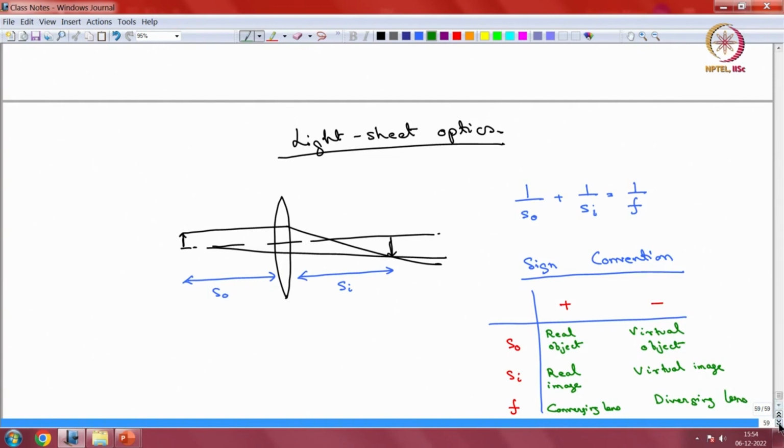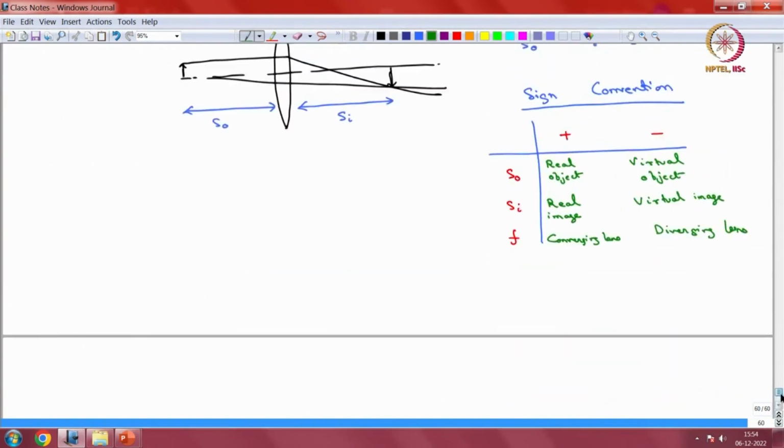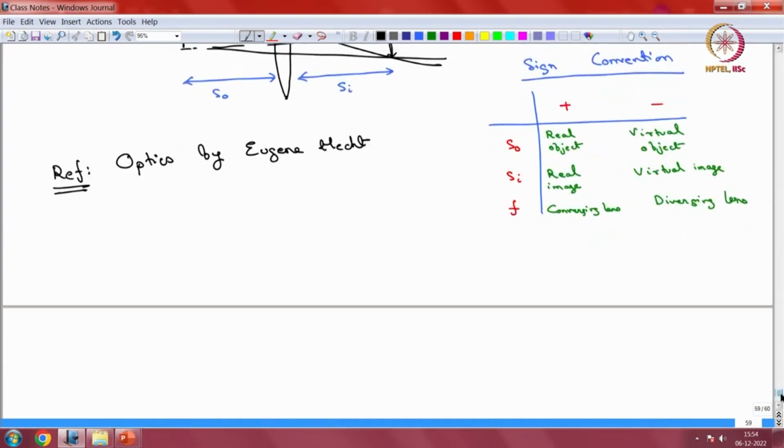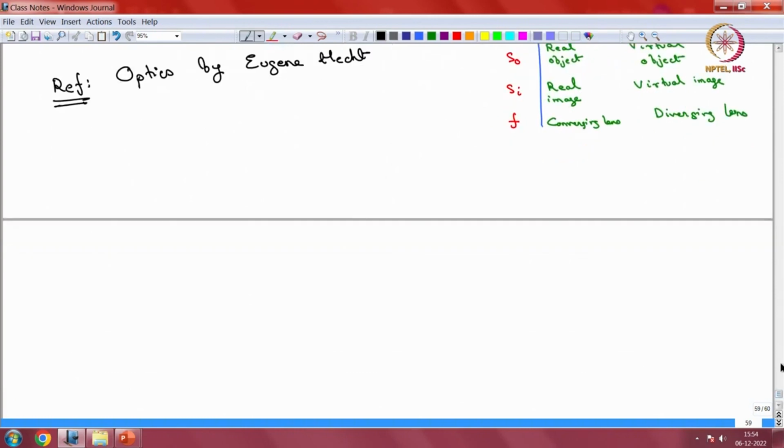Now, if you wish to refer to a book, I will give you a particular reference, and you can look up other reference texts too, but this is a book that I used. This is called Optics, and the author is Eugene Hecht, and the copy I have is by Pearson Education, and you should look up the current publisher of this book.